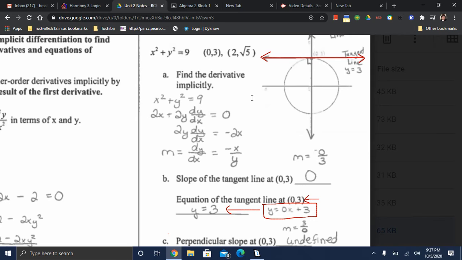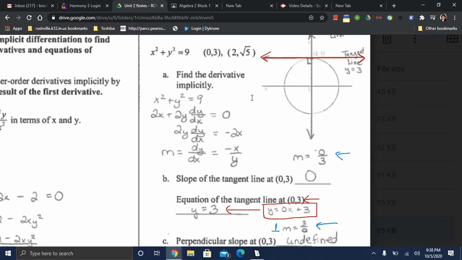Then you're asked to find the equation of the normal line. Well, the normal line is perpendicular to the tangent line. So that means that if our slope is 0 over 3, then our perpendicular slope is going to be the opposite sign and flipped over.